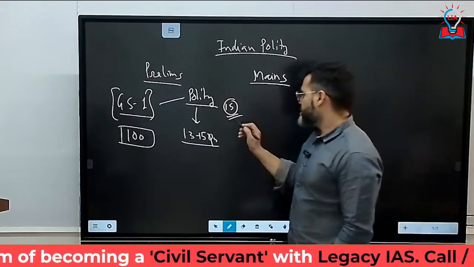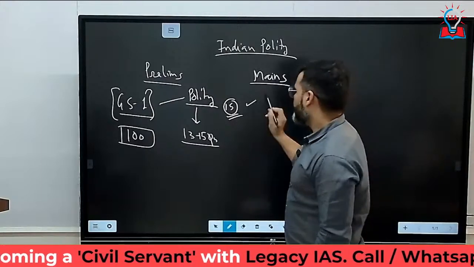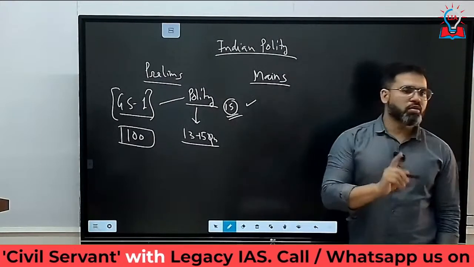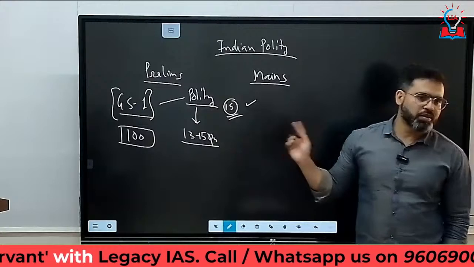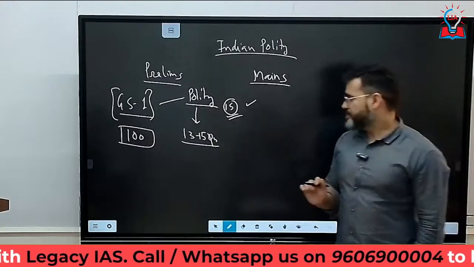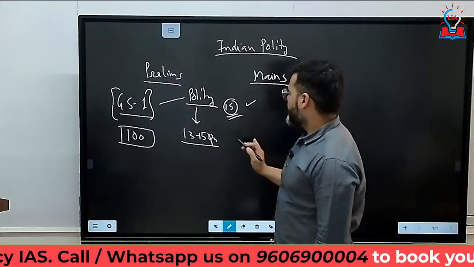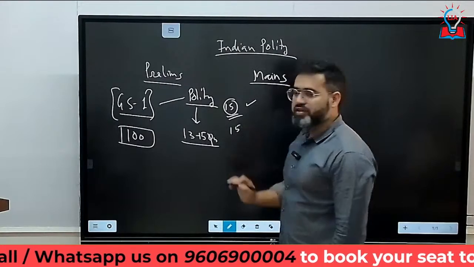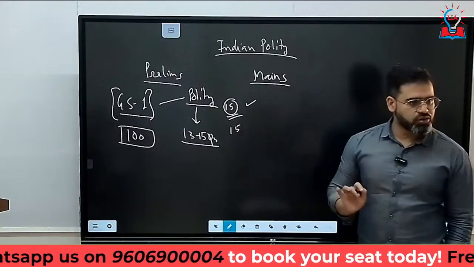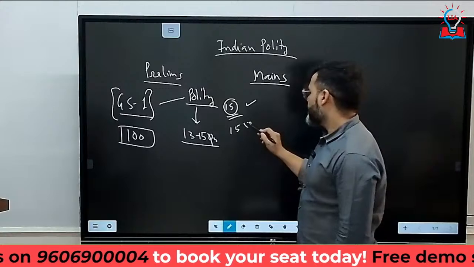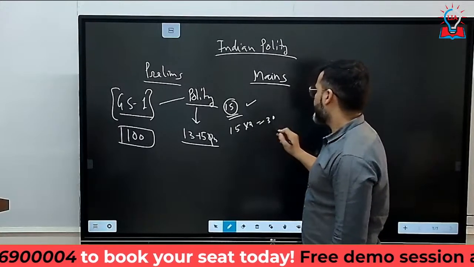So the good thing about these 15 questions is that the probability will be high, and the negative marking, the marks we are going to lose, will also be nil. If you are able to solve all 15 questions in polity, you are going to get around 30 marks easily.